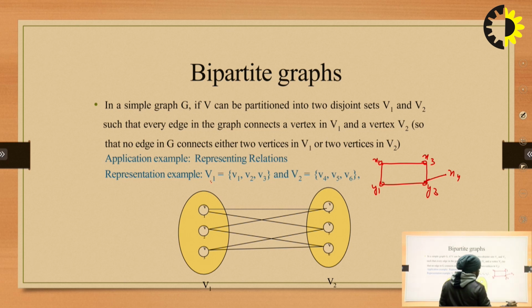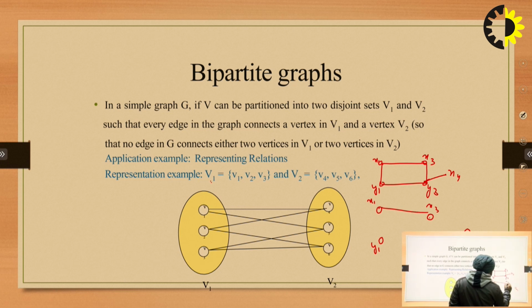Now for the bipartite graph, we have to partition the graph. For that, I am taking the given vertices x1, x3, y1, y3, and this is x4.